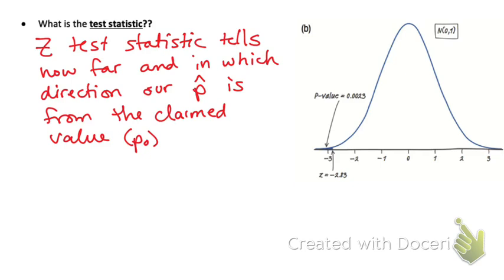When someone makes a claim, that is the middle of the sampling distribution. That is the claim. That is where p naught is located. It is in the middle of the distribution.